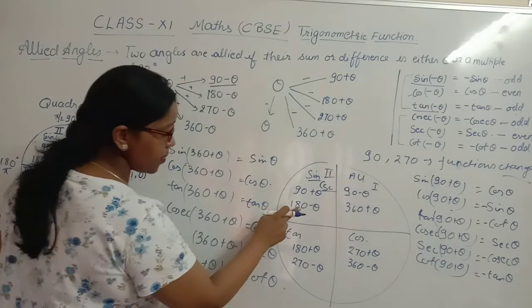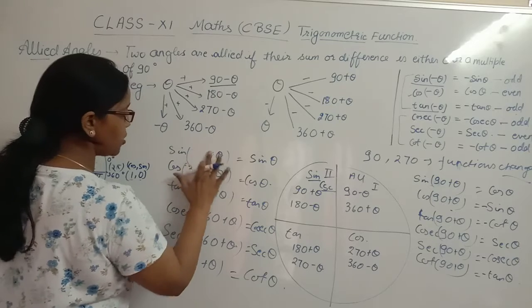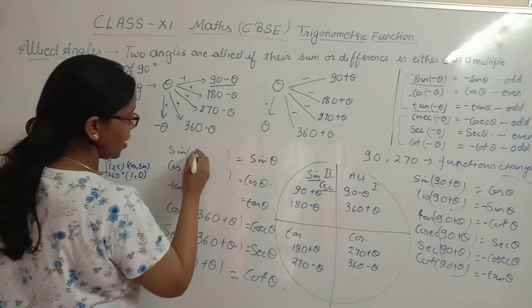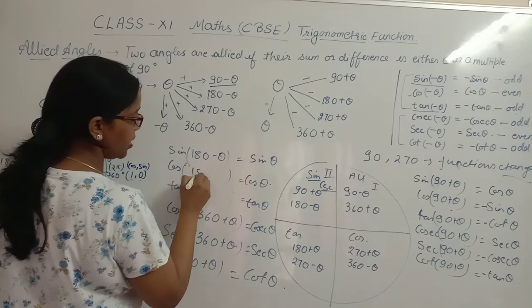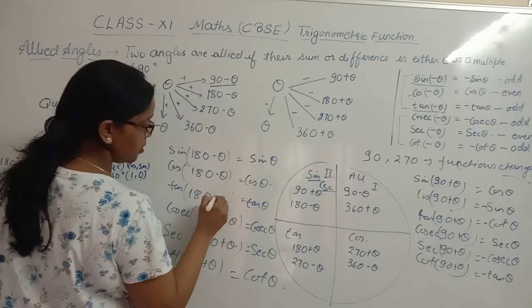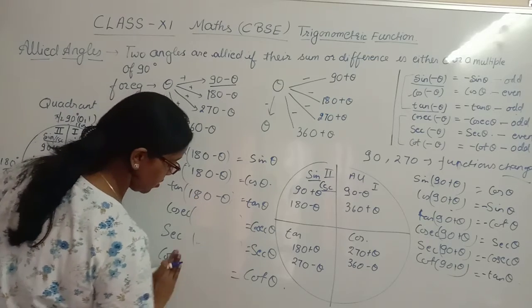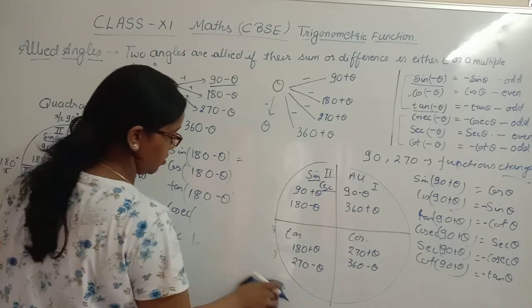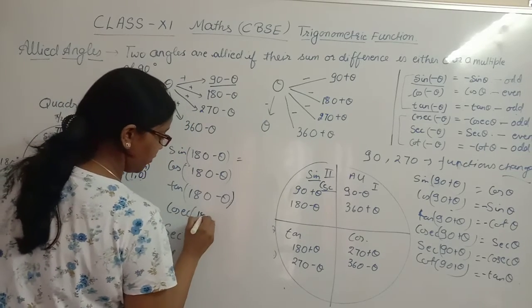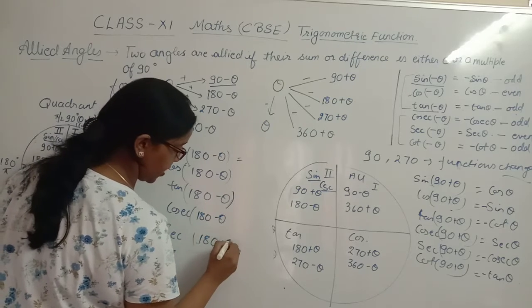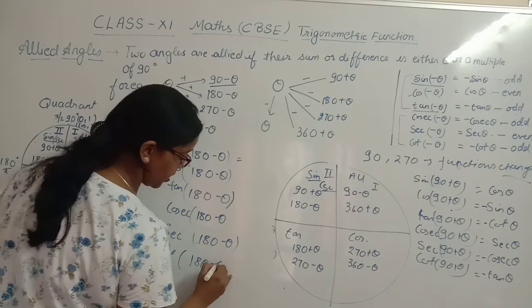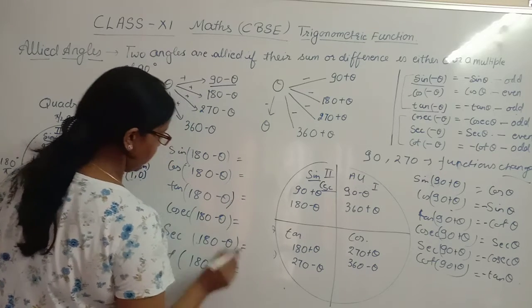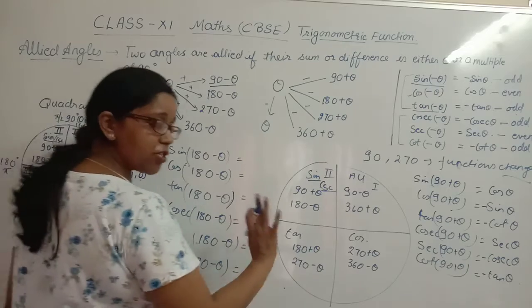Clear? Now if you are coming to 180, so here I am writing 180 minus theta. If I am talking about the 180 minus theta angle, sin 180 minus theta, the function will not change.